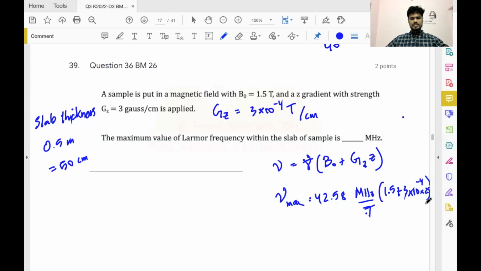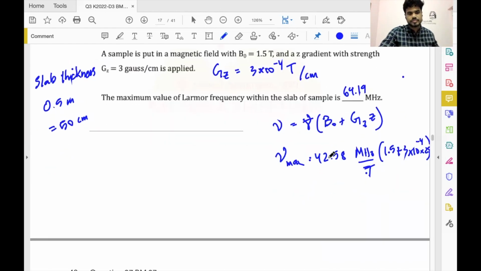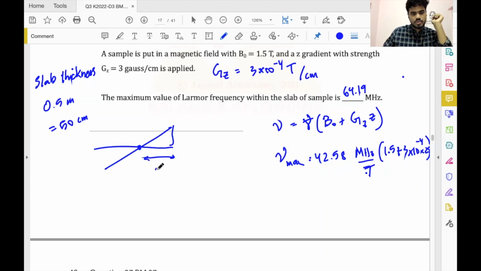So we get the answer for the frequency, 64.118. So the center is here, and the maximum occurs at 25 centimeters on this side.